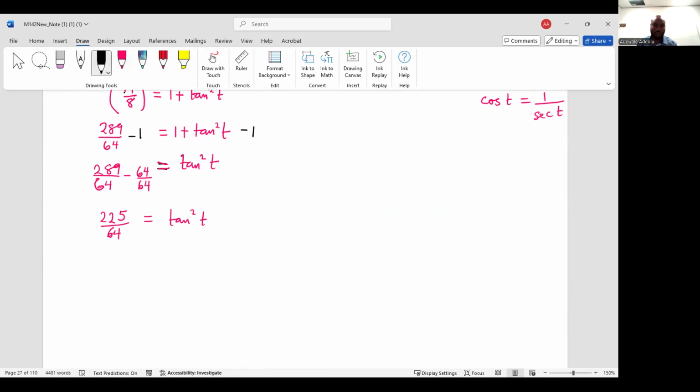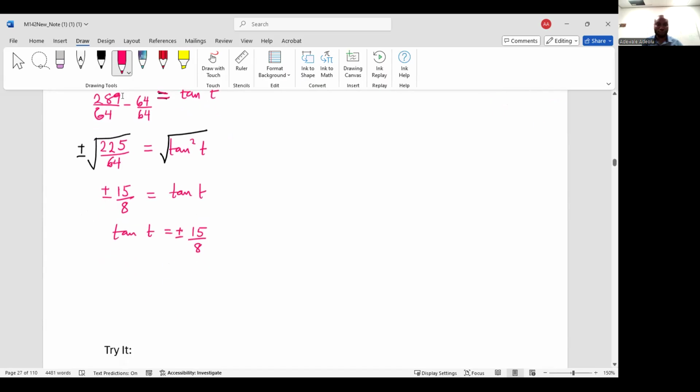So I can square root both sides, and that means I will introduce plus or minus here. Square root of 225 is 15, and square root of 64 is 8. So tangent of t is plus or minus 15 over 8.